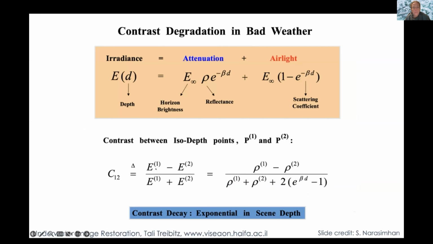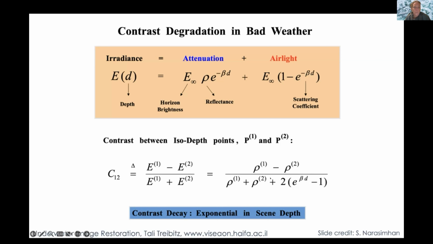If you look at what happens to the contrast underwater, if you plug in all the equations we put before, where raw is the object color here, we see the contrast deteriorates with the distance. Here we have this exponent minus beta d, where d is the distance of the object, and this is the expression for the contrast.